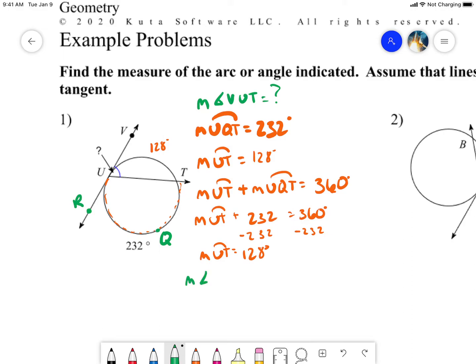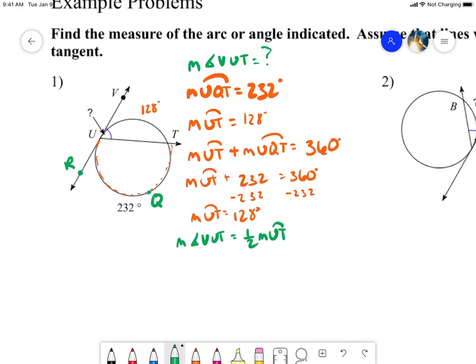So I know that the measure of angle VUT is equal to exactly half the measure of arc UT. Since I know the measure of arc UT is 128, I'm just going to substitute that in.